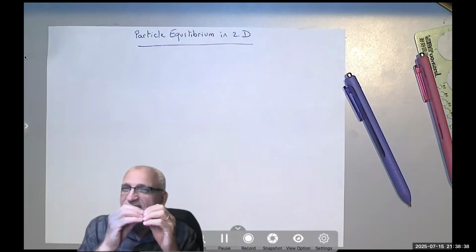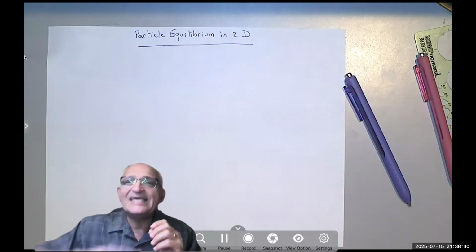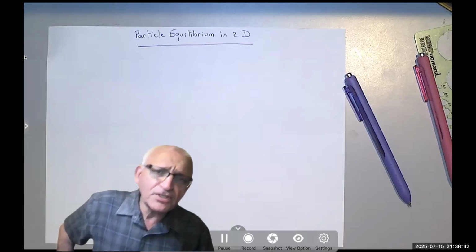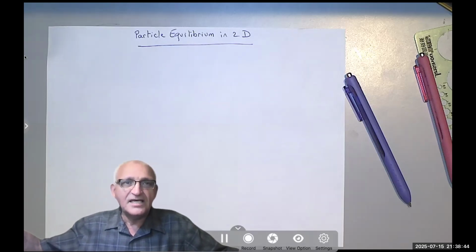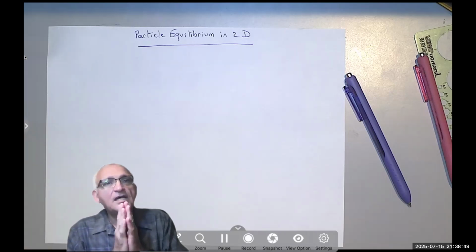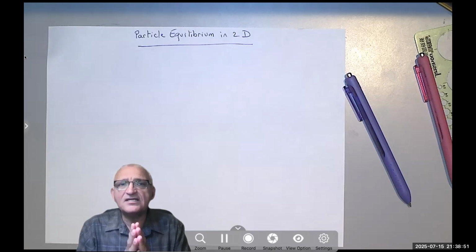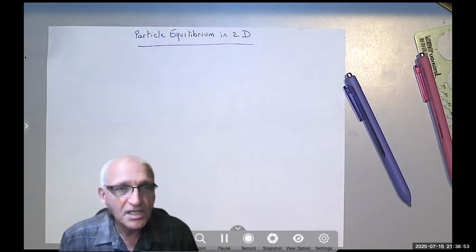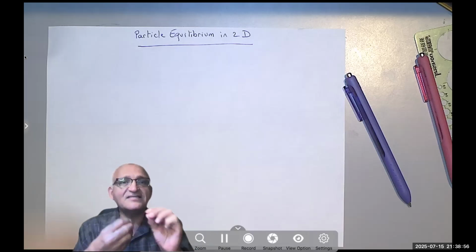But since they are intersecting at a point, I can ignore angular acceleration because I know there isn't any. And I have to only concentrate on linear acceleration. Linear acceleration would equal zero if all the forces cancel each other.